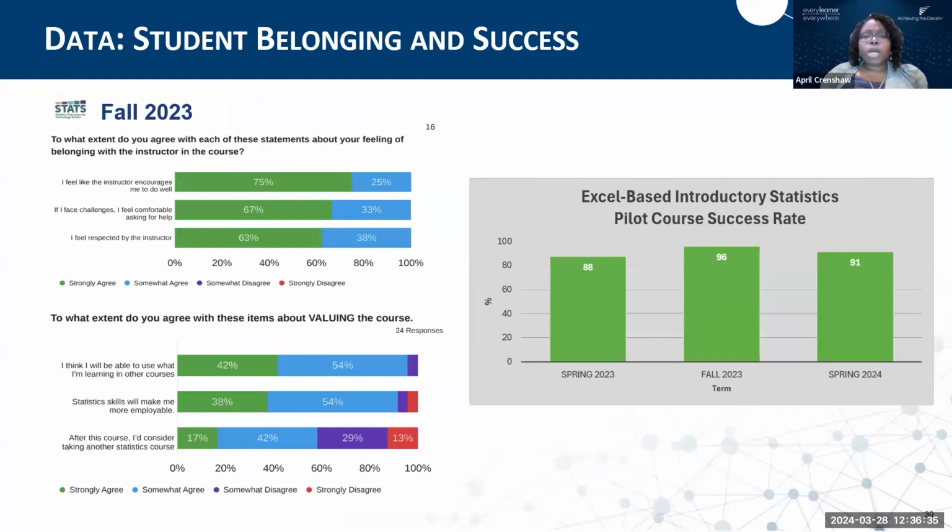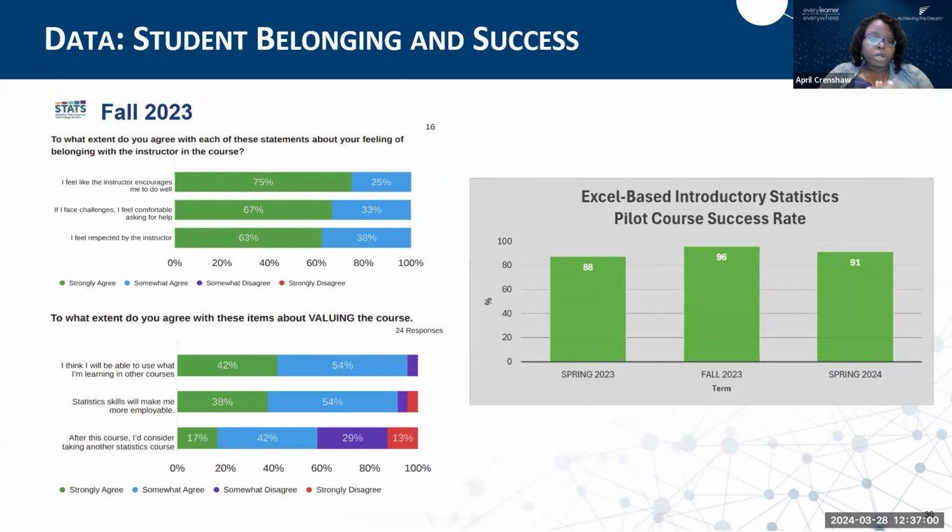Okay, so when it was all said and done, I participated in Digital Promise's stats project, and they collected some data for us. So from fall 23, they had the students do some surveys, and they specifically asked them about their feelings of belonging.